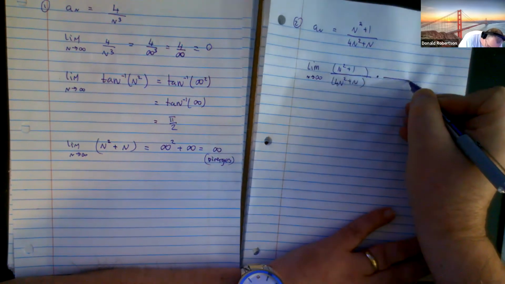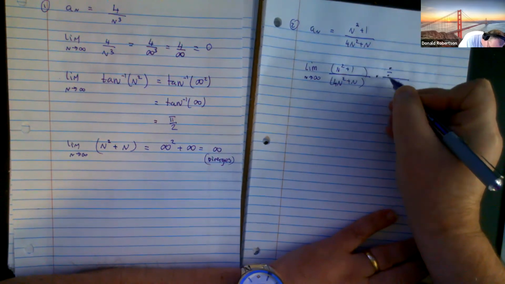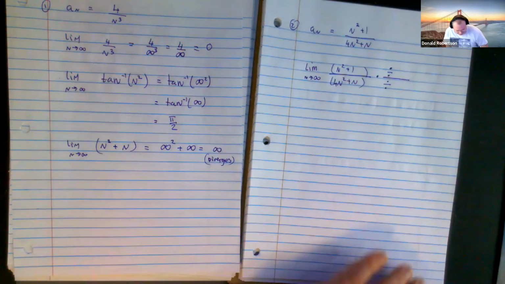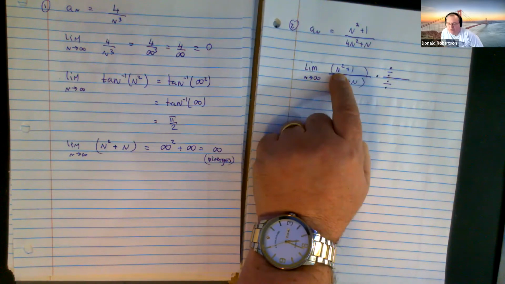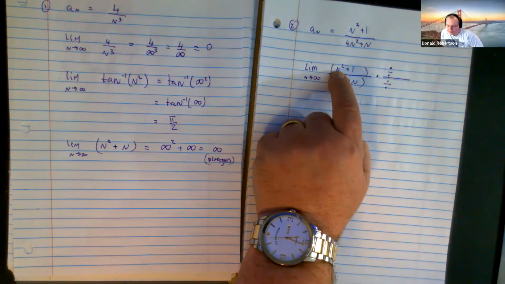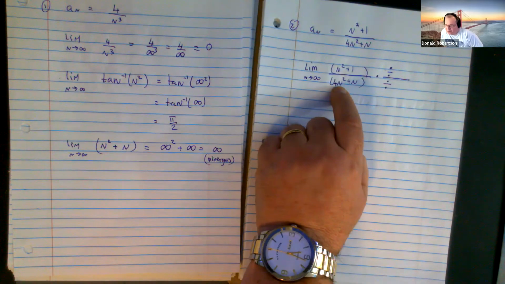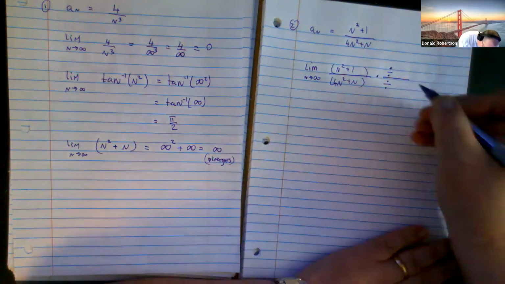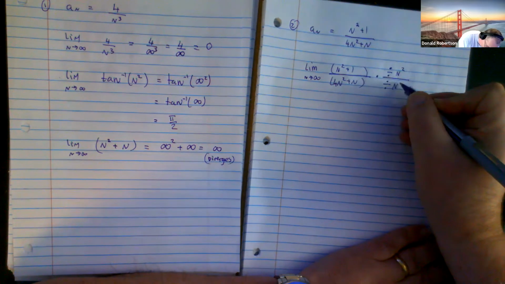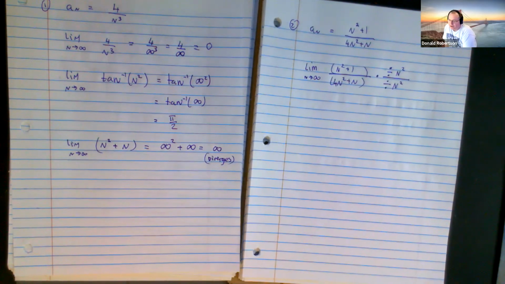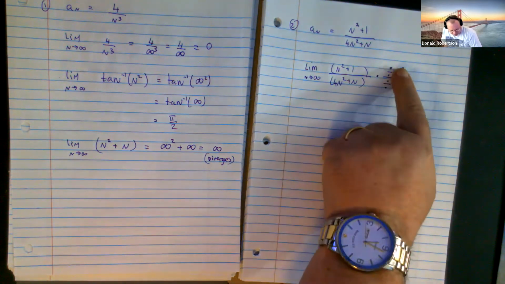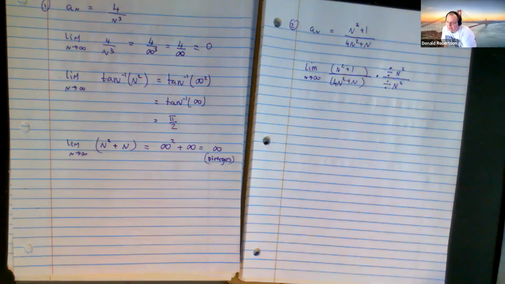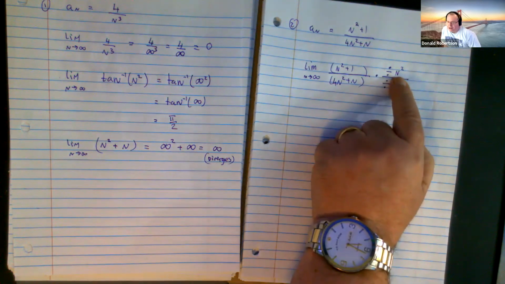The technique I'm going to use is you divide the top and bottom by the same power. Now, what power of n do you use? Well, the highest power on the top is n squared, and thankfully the highest power on the bottom here is also n squared. So when they are the same, you don't have a choice. You divide both the top and bottom by n squared.